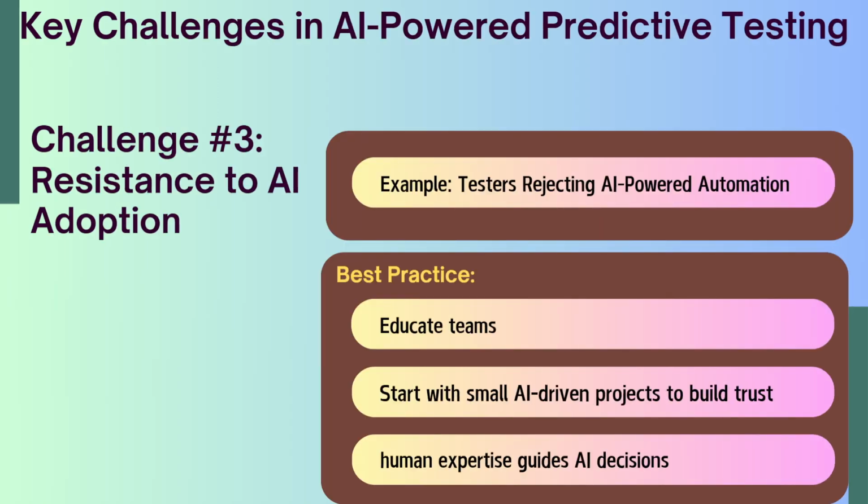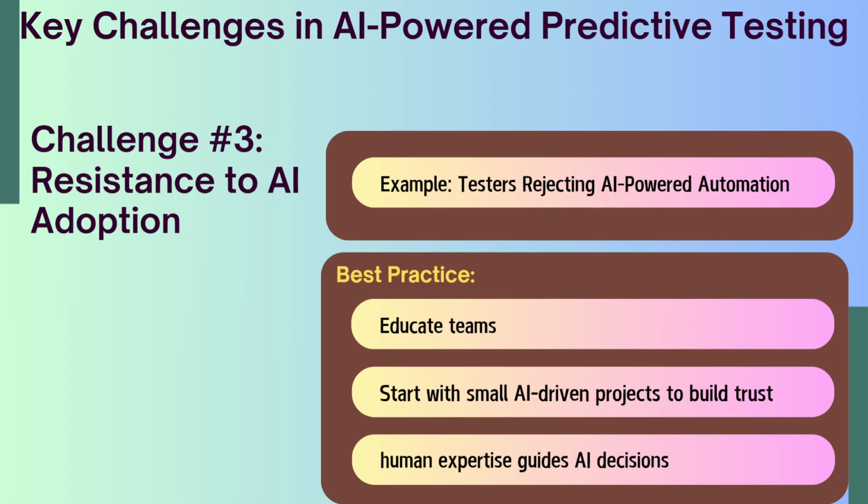Challenge 3: resistance to AI adoption. Many testers fear AI will replace manual testers, leading to resistance to adoption in a QA team. For example, a software firm introduced an AI powered test case generation tool, but manual testers resisted using it because they felt it would replace their jobs.